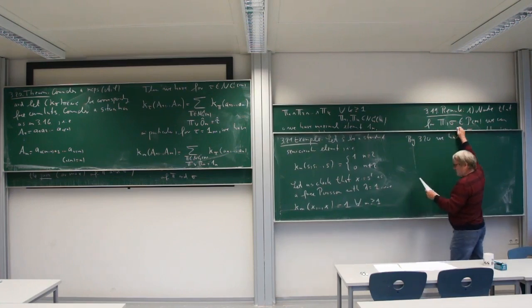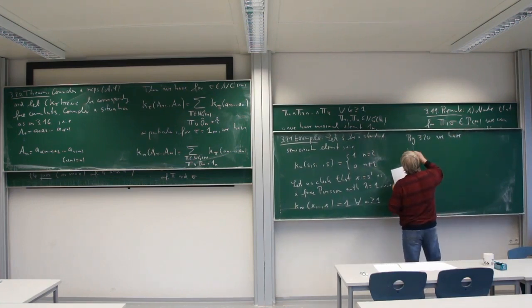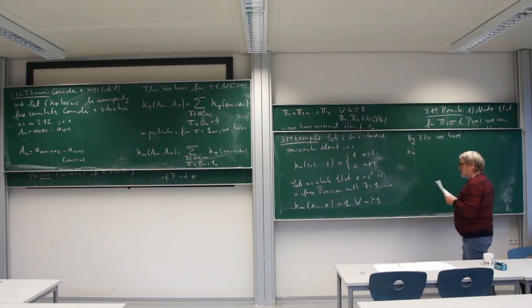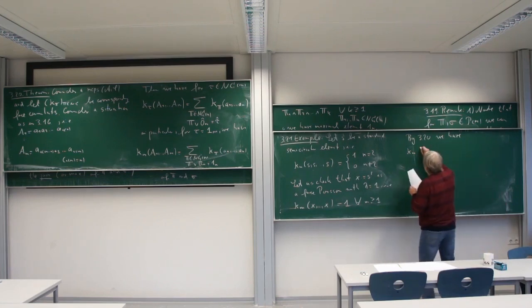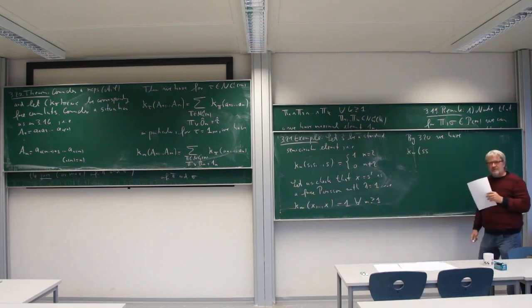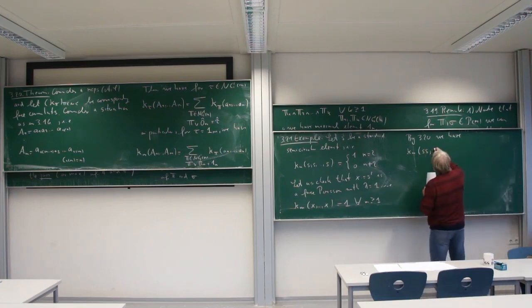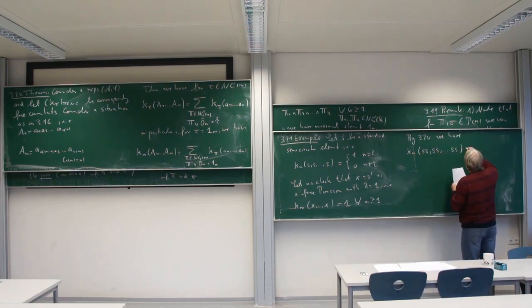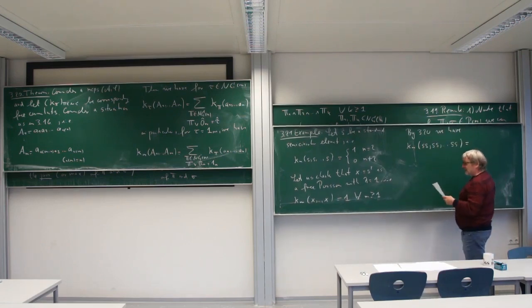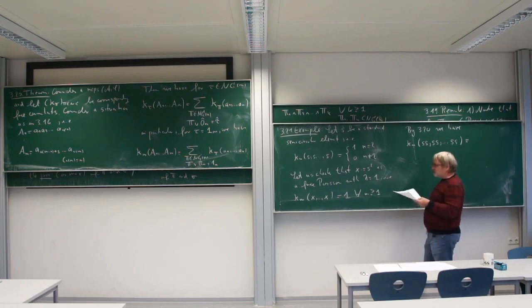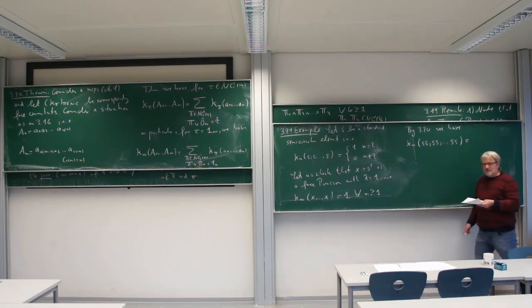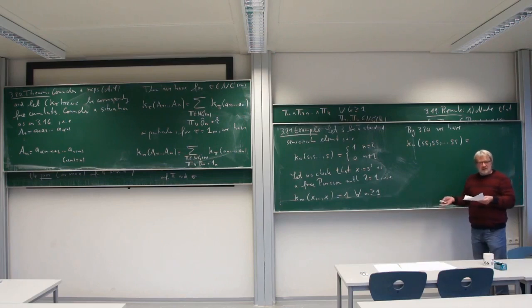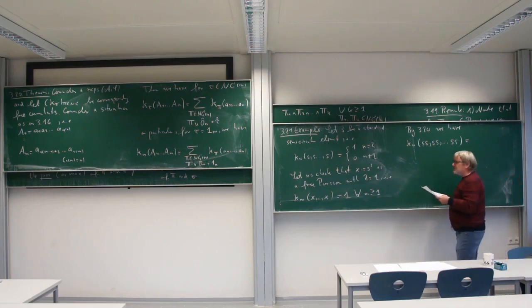So what does this tell us? If I want the nth cumulant of x, where x is now S squared, in each argument I have now S times S. My formula tells me I can express this in terms of cumulants of the S themselves by summing over specific partitions.